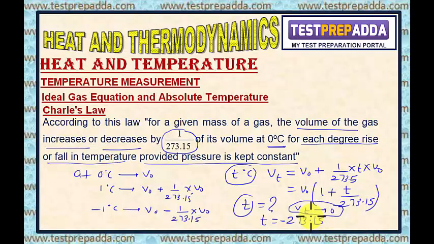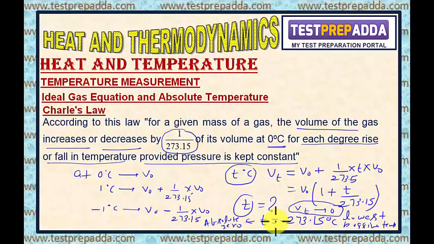Volume of any substance cannot be negative. That is why we say this minus 273.15 degrees Celsius is the lowest possible temperature, and this is designated as absolute zero, because here the volume becomes zero.